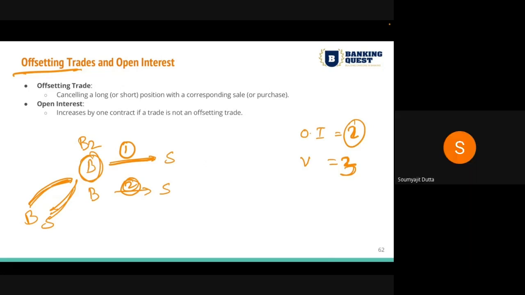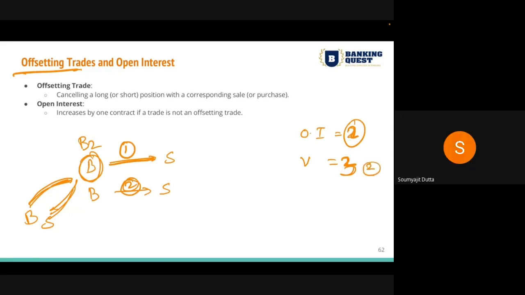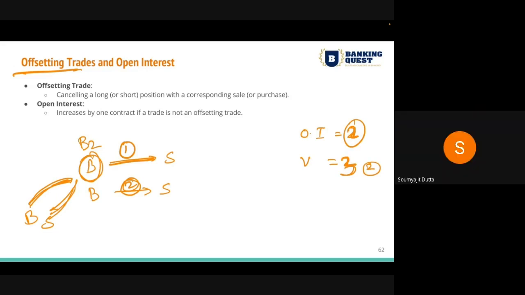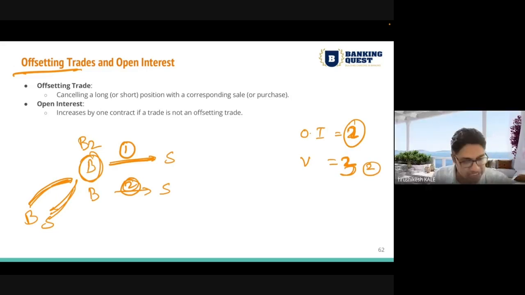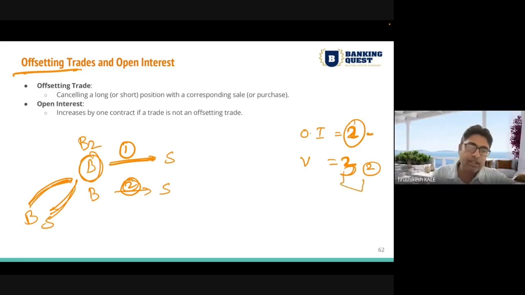Second buyer and seller, that is open interest two, volume two. Now one buyer is offsetting by another buyer. So that's why volume is 3, but the open interest is 2. Perfect. You are absolutely correct.